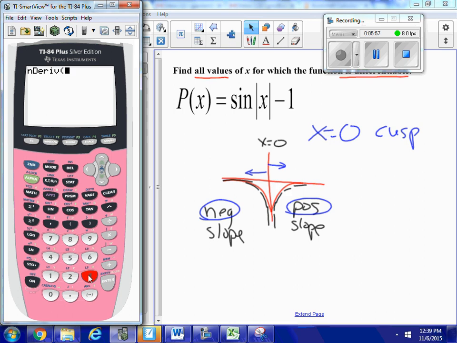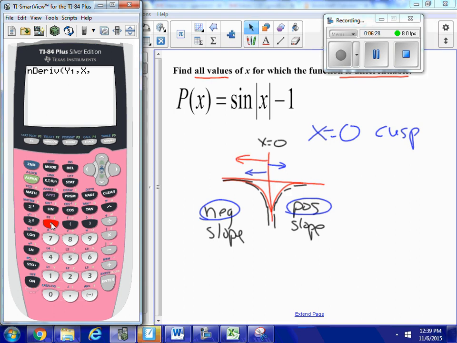I could type in the whole function, sine absolute value of x minus 1, but since I've already put that in my y1, I can go alpha f4, get my list of functions right there, and just hit enter on y1, and now that has put my function in that spot. And I put a comma, which is right above the 7, and I'm finding the derivative with respect to x, and I want to find it at a point just this side of x equals 0.